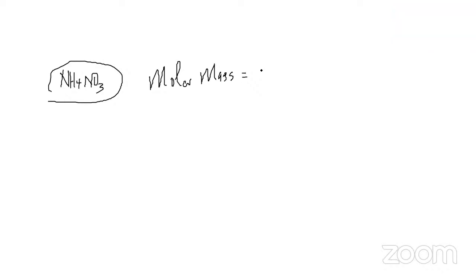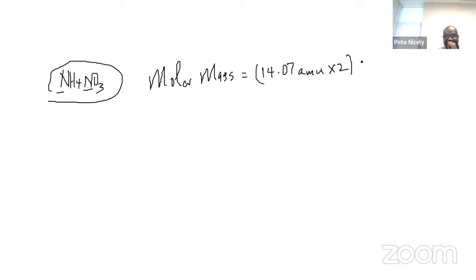So the atomic mass of nitrogen is 14.0067. Okay, let's round it off to 14.07. But remember now there are two nitrogen atoms here. So what does that mean? So multiply by 2, right? And then what do you add to that?